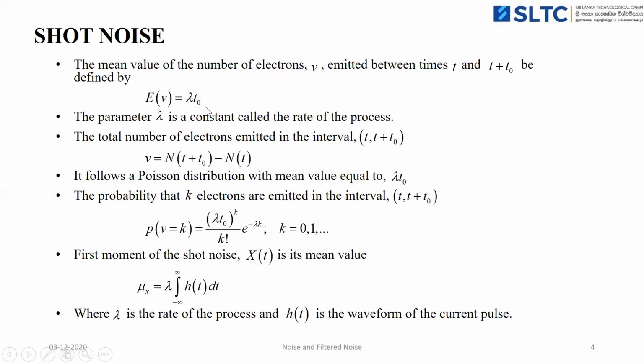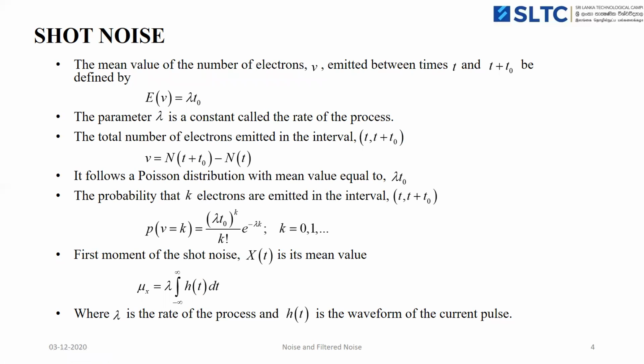The mean value of the number of electrons emitted in the interval t to t plus t naught is calculated: expectation of V equals lambda t naught. Here t naught indicates the duration over which the electrons are measured, and lambda is a constant, the rate of the process. The rate of the process means the number of electrons emitted per second.